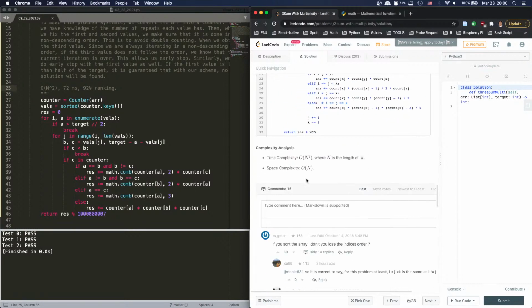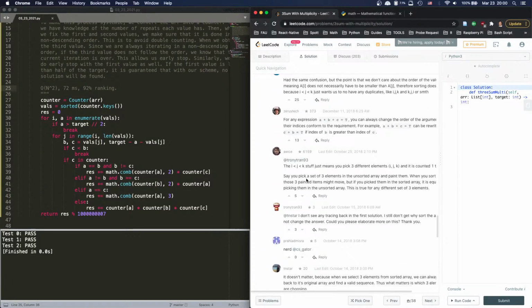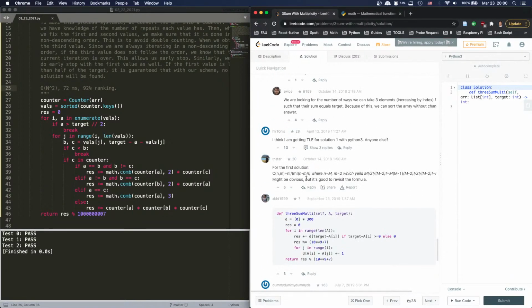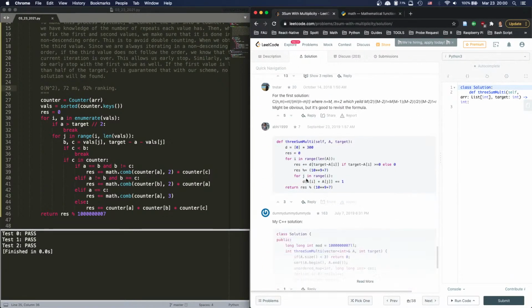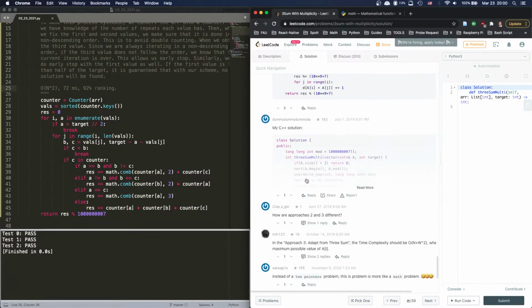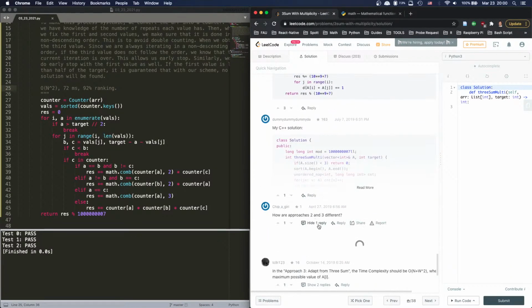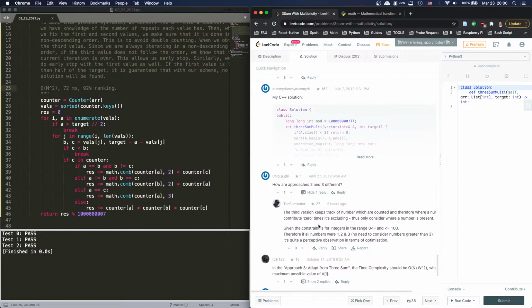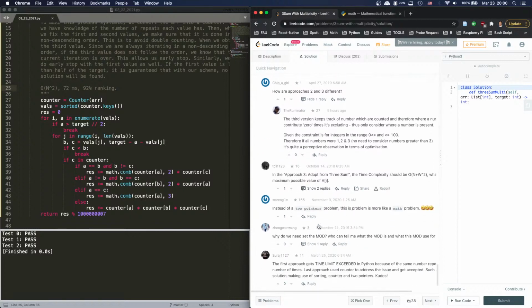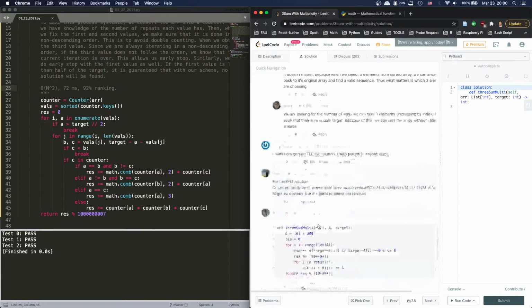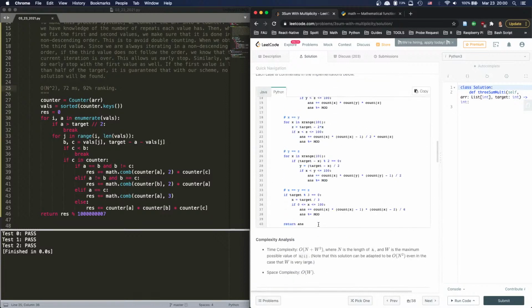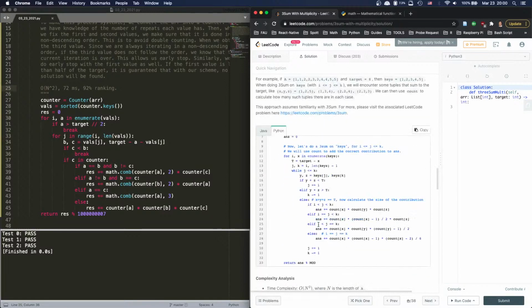So it's the same. I am not going to implement any of these because I like my solution. I think my solution is good. They're basically the same thing, just written in a fancier way.